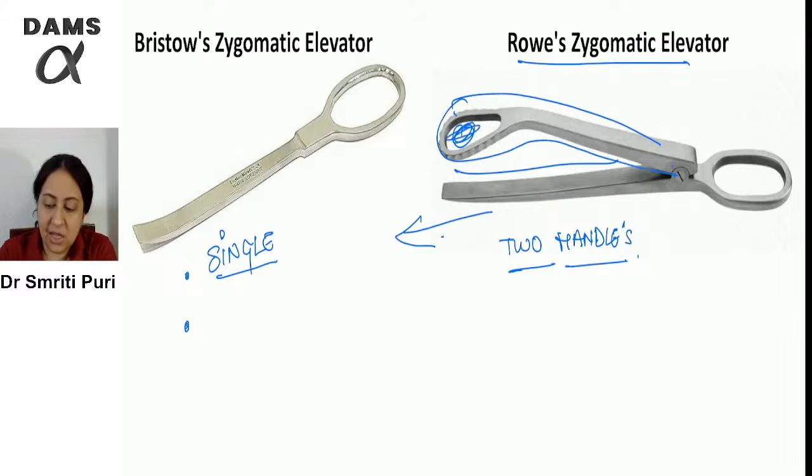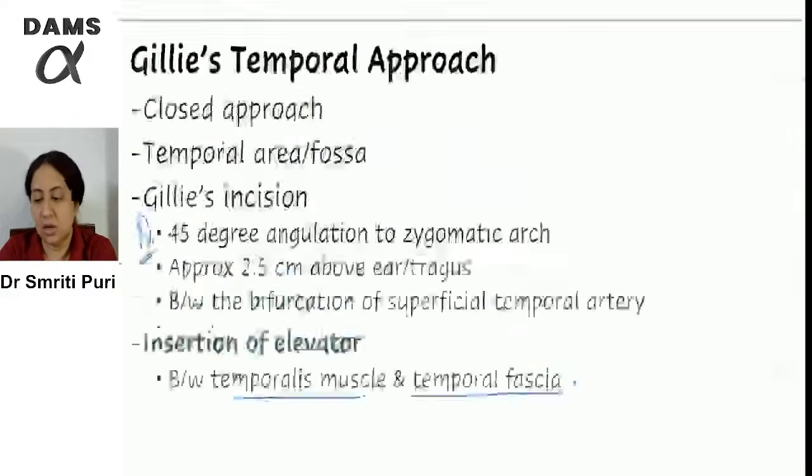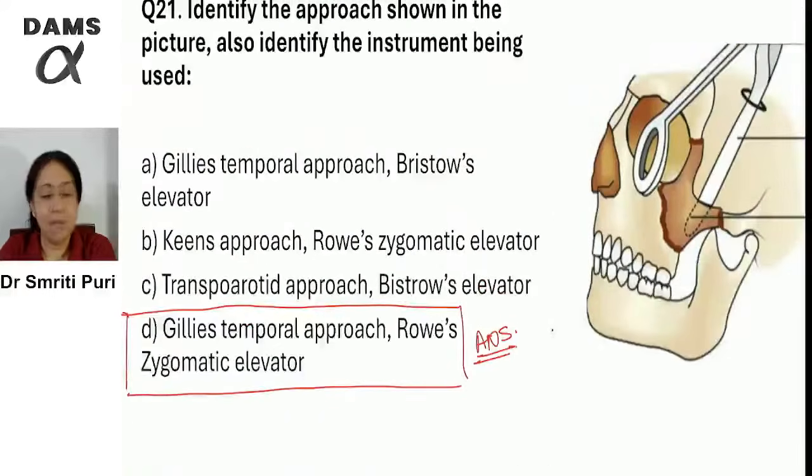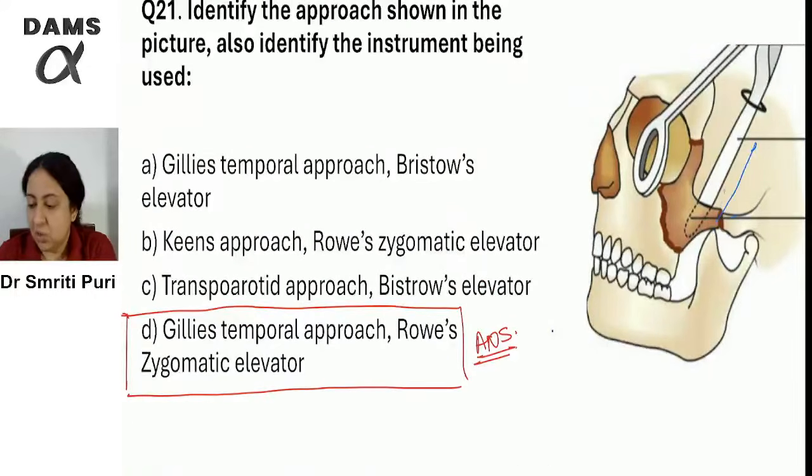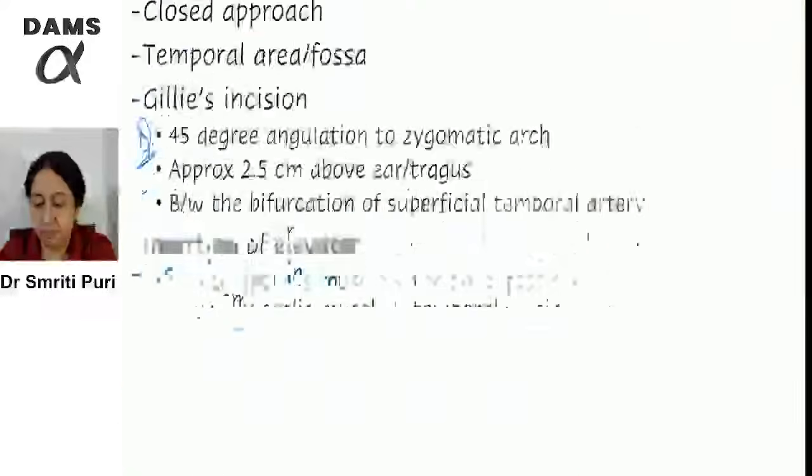So you can engage this elevator from here, hold it from in between that hole provided, and lift the zygomatic arch. So this reduces the leverage on the skull bone because it has 2 handles. If you come to this image, this end goes to elevate the arch, and you can apply the force from the handle given above, so it reduces the leverage on the skull bone.